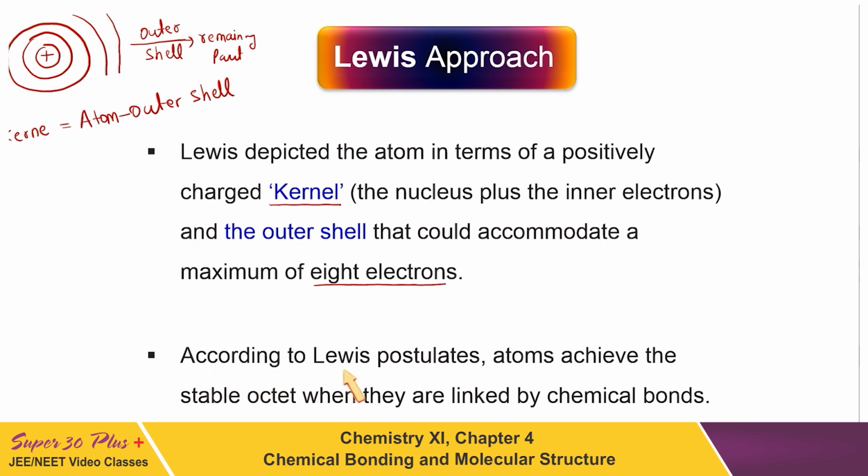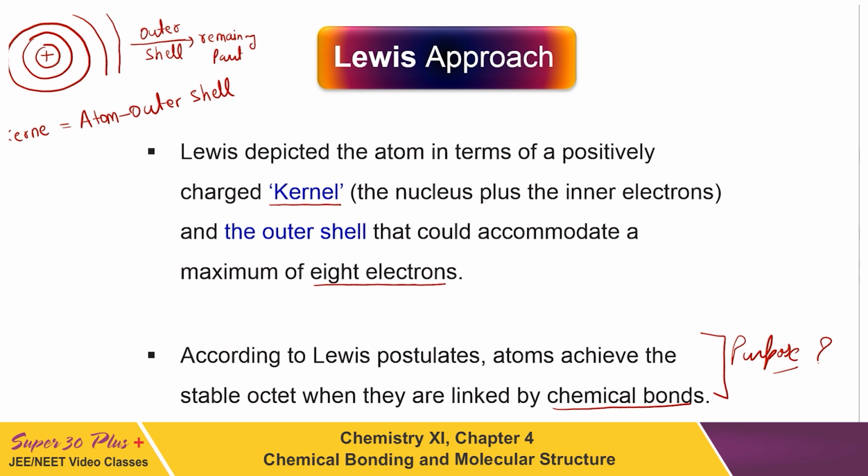Now, according to the Lewis postulate, atoms achieve a stable octet when they are linked with a chemical bond. So students, this is the purpose. If someday I ask you what the purpose of bond formation is, remember that whatever we do, we do it for a purpose, small or big.